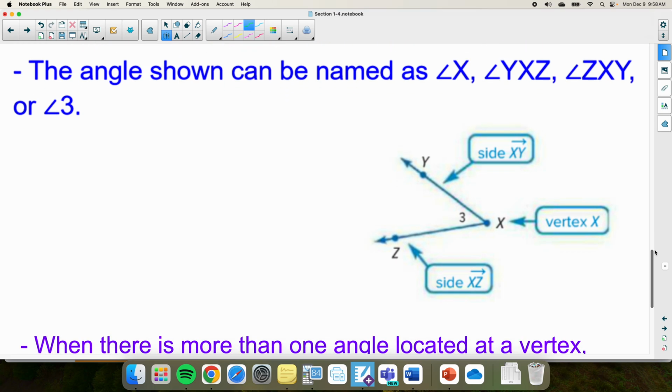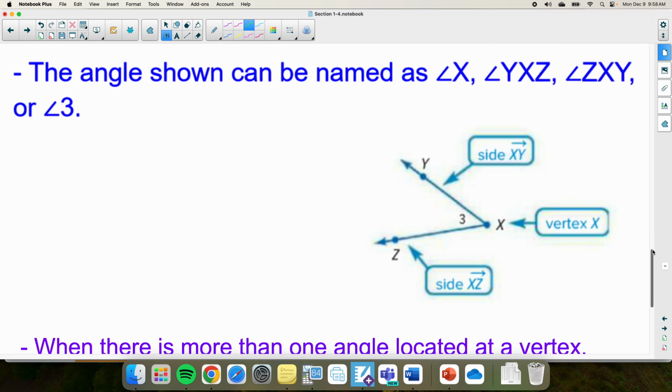Now, the second thing that we're going to learn today is how do we name an angle, okay? If you see an angle that is all by itself, which means there's only one angle drawn here, they're not hard to name, okay?